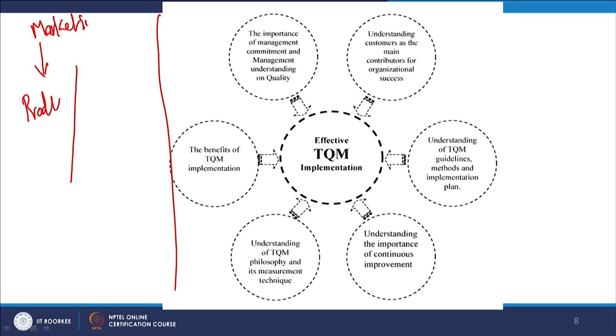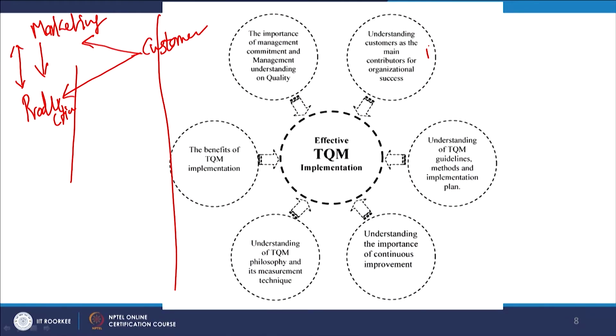Marketing understands the customer and marketing provides the input to the production department. Now, in the TQM approach, the customer provides input to both marketing and production, and then with ideas like concurrent engineering, both these functional areas develop this idea whether we are able to understand the customer correctly or not. So, the most important thing is understanding the customer.